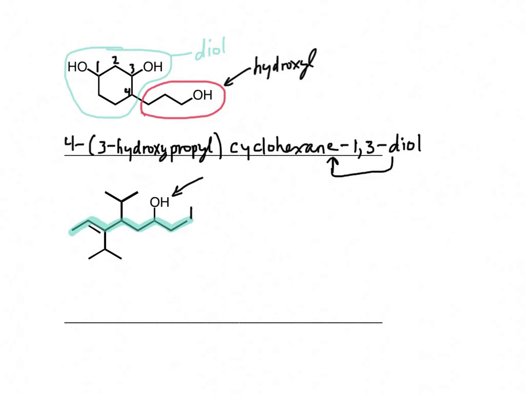So we're going to go 1, 2, 3, 4, 5, 6, 7, 8. The alkene gets whatever number it gets.